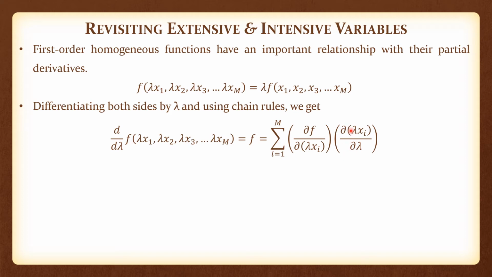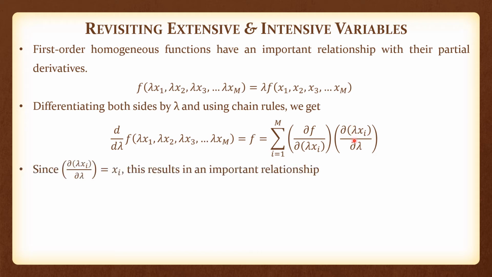By chain rule, the differential of lambda xi also has a first derivative with respect to lambda. I hope you understand how the chain rule is applied here. Of course, dou lambda xi by dou lambda is simply xi. So this results in an important relationship: f is equal to the sum of xi times dou f dou lambda xi. This becomes an important relationship.